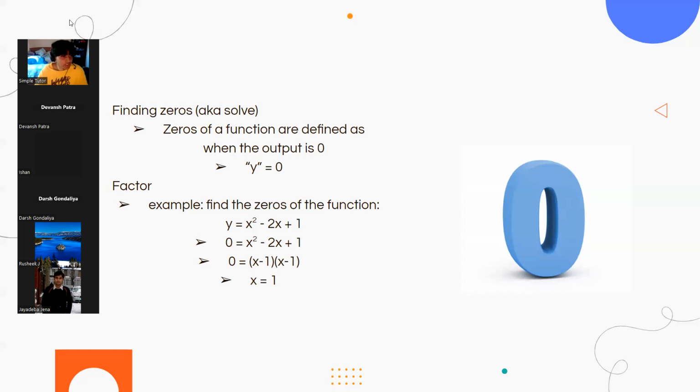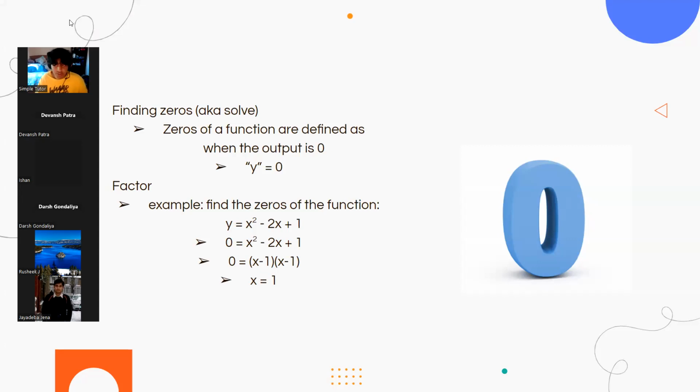Another way to look at this in terms of physics is that at x equals 1, our output is 0. Normally when we look at an equation in physics, our x is going to be time. There are other variables it could be, but oftentimes when we look at motion in physics, our x value is going to be time.